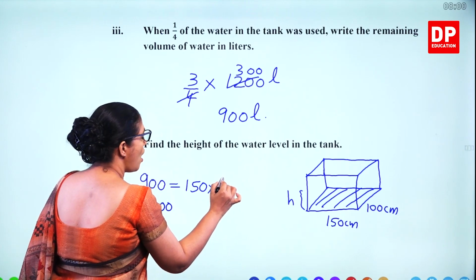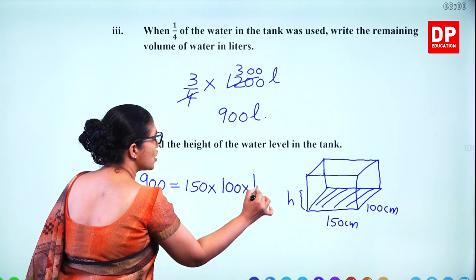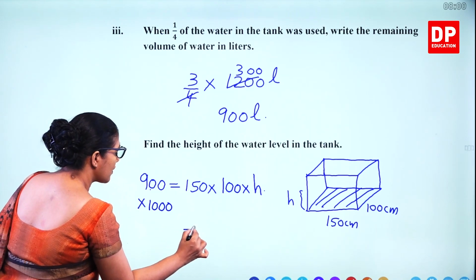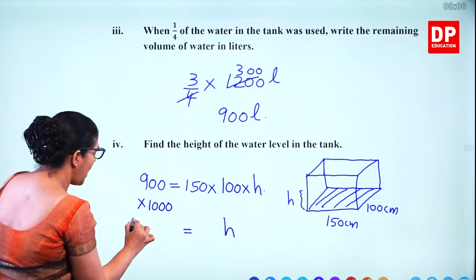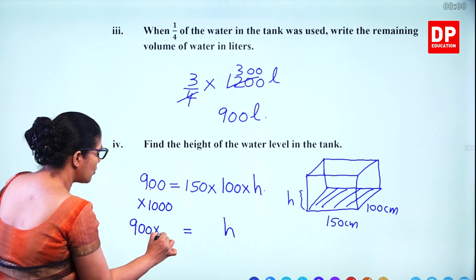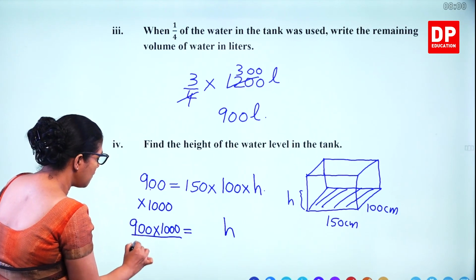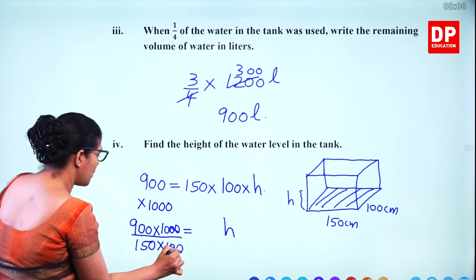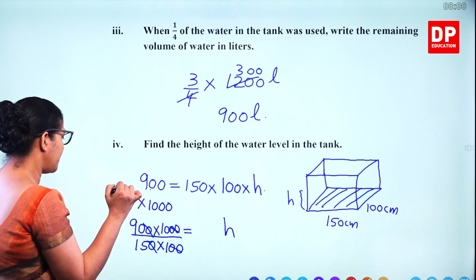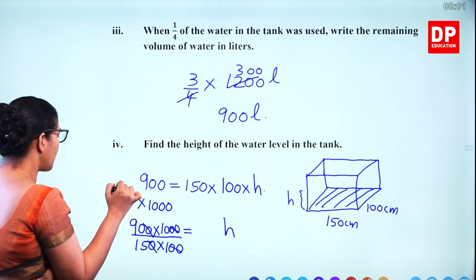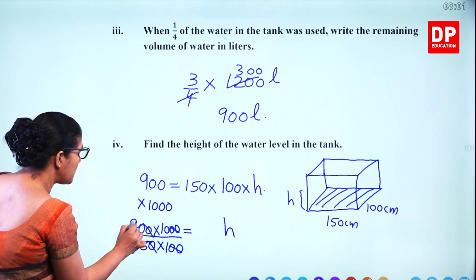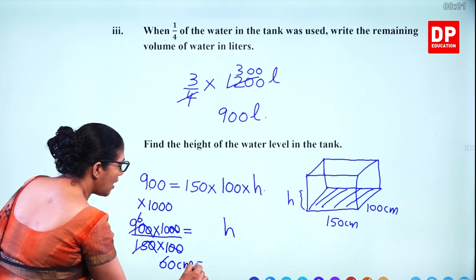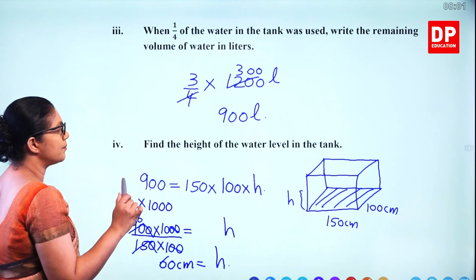So you are getting H in centimeters. So what's the H value? 900 into 1000 divided by 150 and 100. 2 zeros here, 1 zero with this one. 15 times 6. So 60 centimeters is the height of the water.